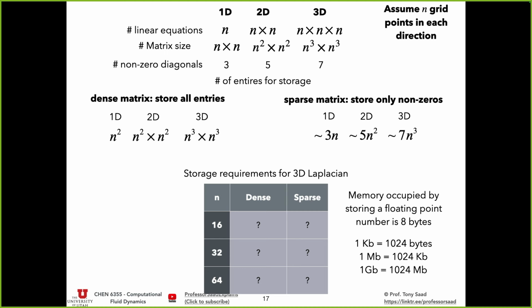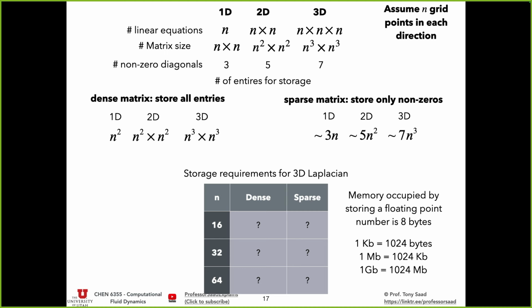So sparse will be 7 times 16 cubed. That answer is in bytes. 229,376 bytes. Okay, convert to megabytes. 0.219 megabytes. Okay, do 32 now. Come on, guys.